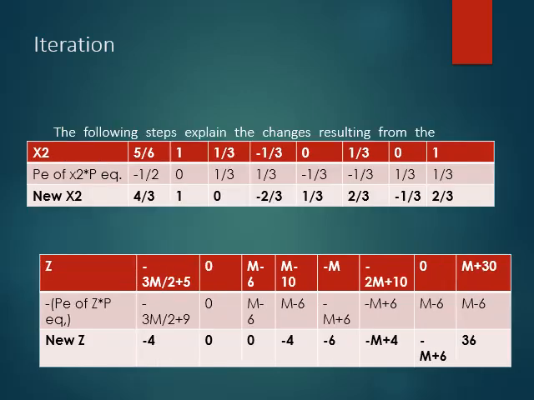Iteration 4. The following steps explain the changes resulting from the entrance of x3 as a basic variable in x2 and z. We are going to follow the same previous procedure to calculate the changes in x2 and z.